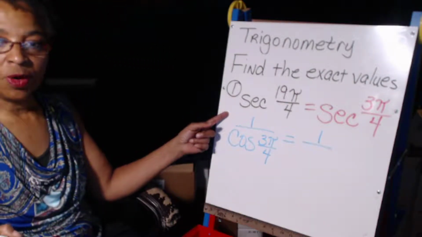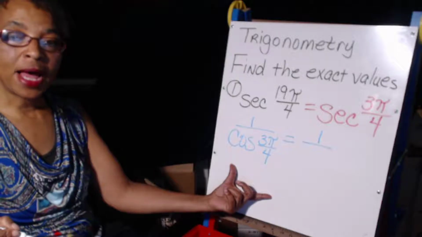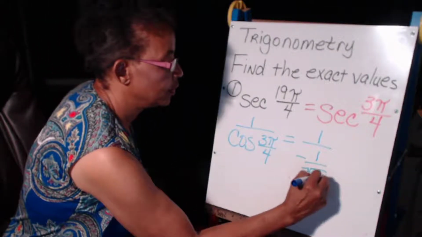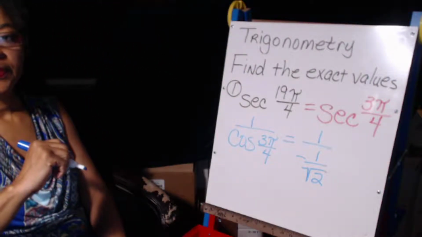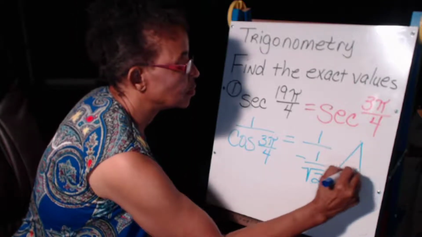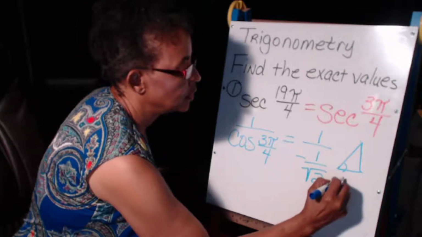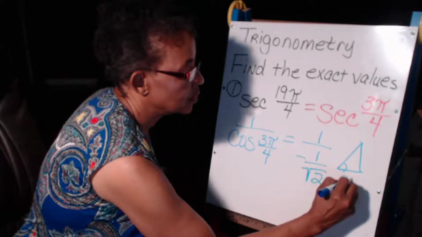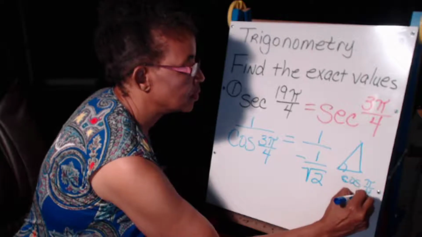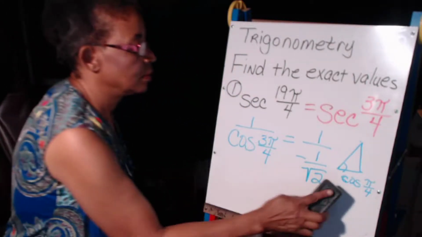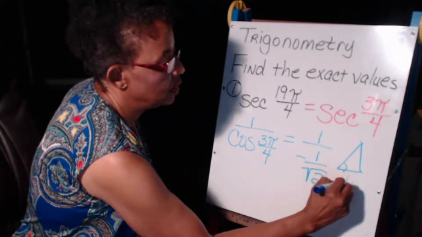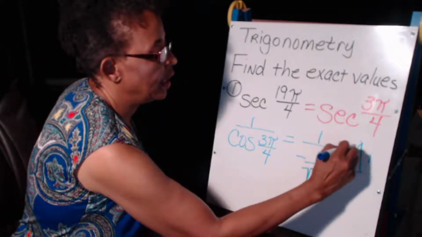My top is still 1, but cosine of 3 pi over 4 is negative 1 over the square root of 2. If you look at the angle, this is 1, this is 1.